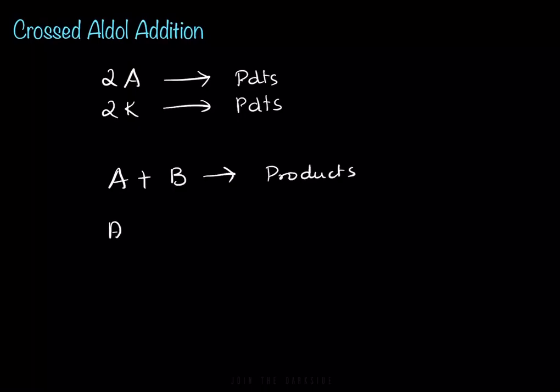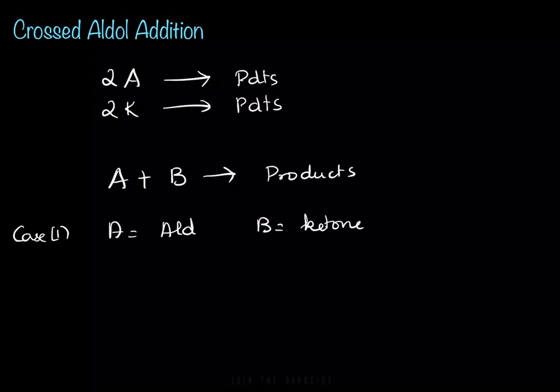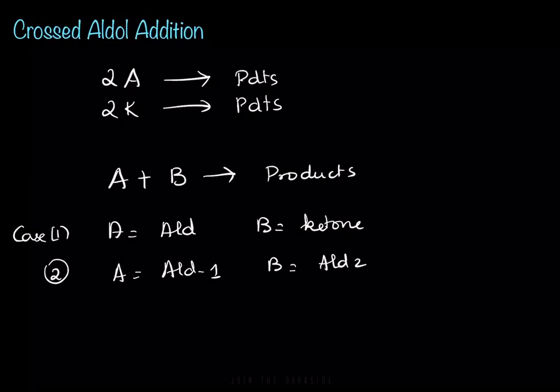So where A could be an aldehyde in the first case, and B could be a ketone. In the second case, A could be one aldehyde, I'm going to write it as type 1, and B could be another aldehyde.